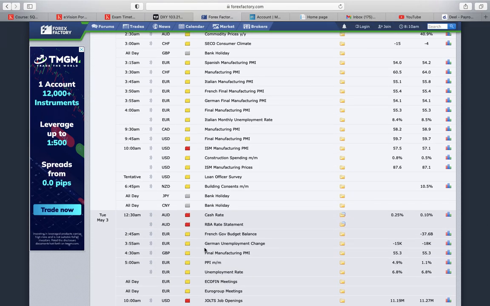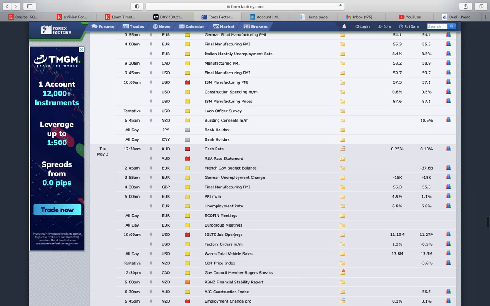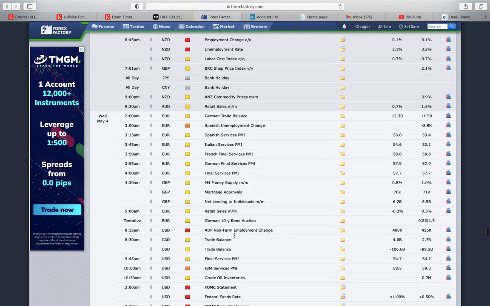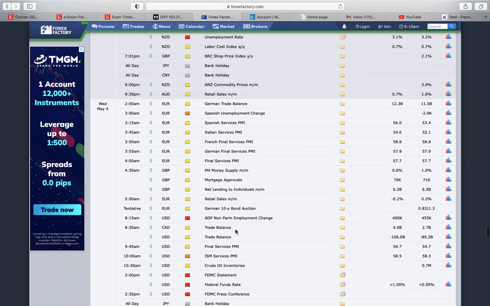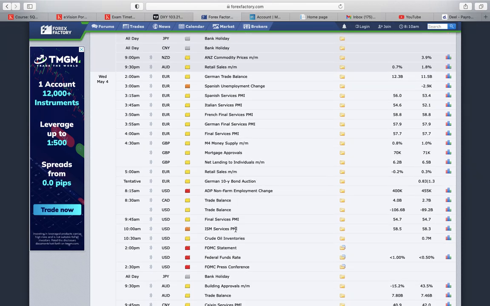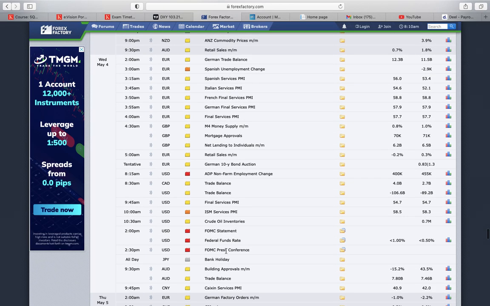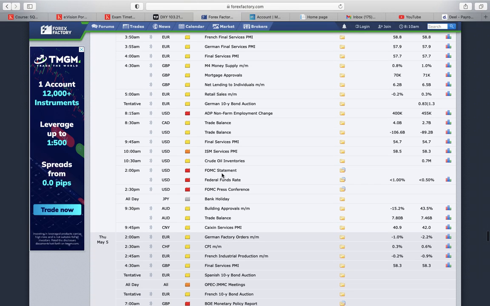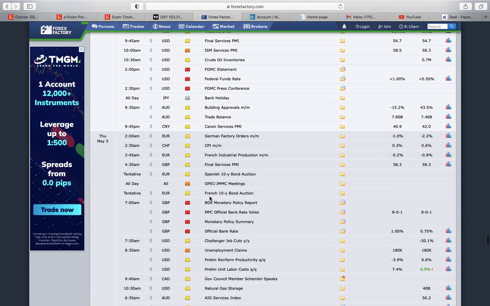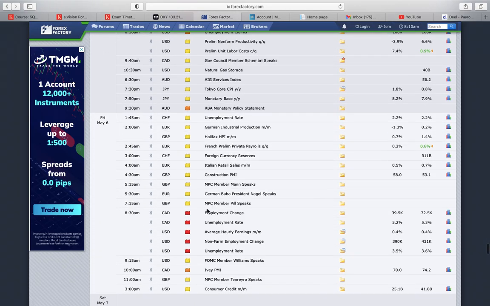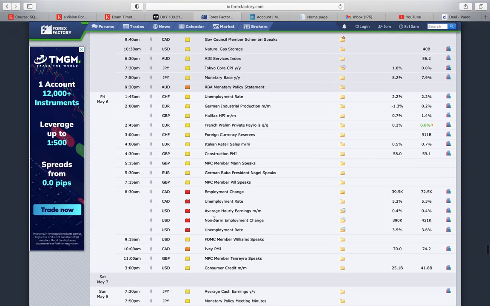The PMI, Tuesday, job openings, Wednesday, NFP, the ADP NFP, and FOMC. Don't trade these. Don't even stand in the way of these, right? Thursday is pound. Friday is going to be the NFP.